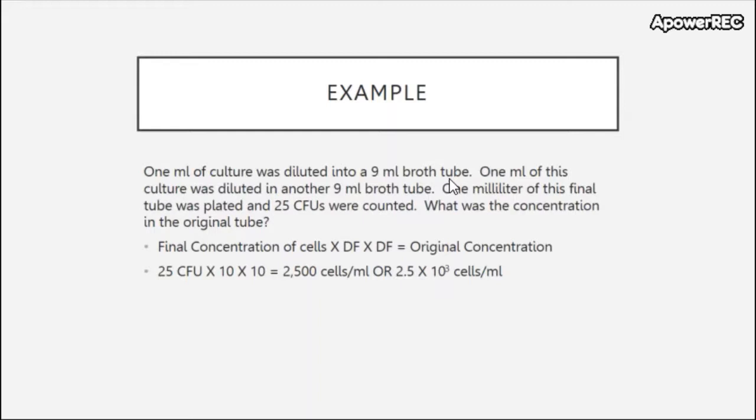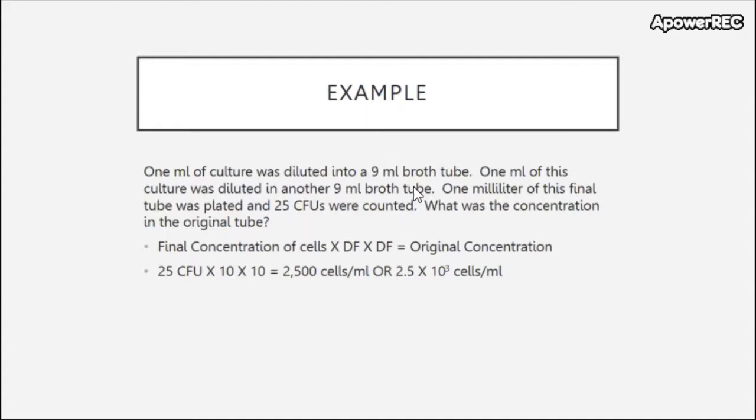You should have said it's a 10 dilution factor. And that's because there's 1 mil of your culture out of 10 mils total, and the reciprocal of that is 10. So then you take this tube and you take 1 milliliter and you put it into another 9 milliliter broth tube. So you've done another 1 in 10 dilution, or a dilution factor of 10.